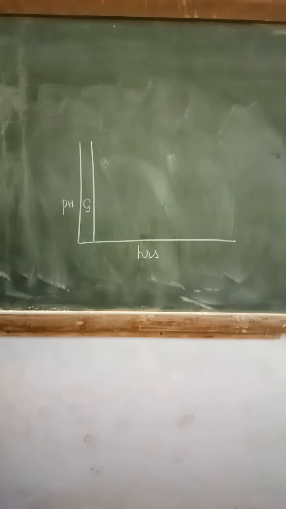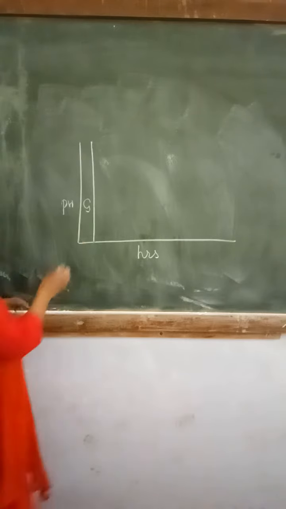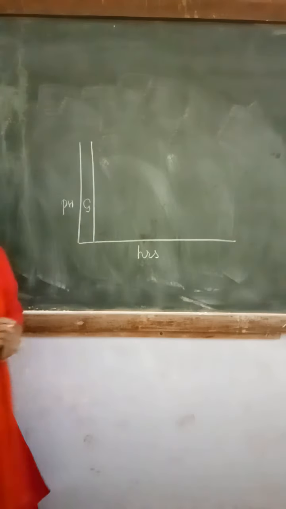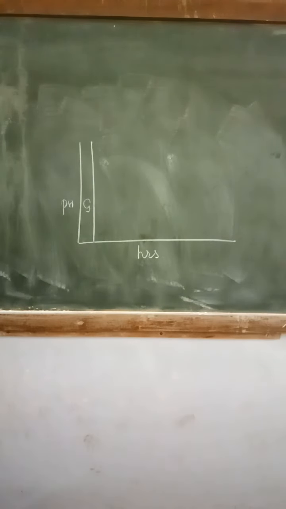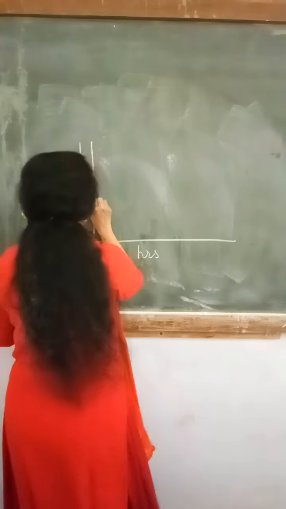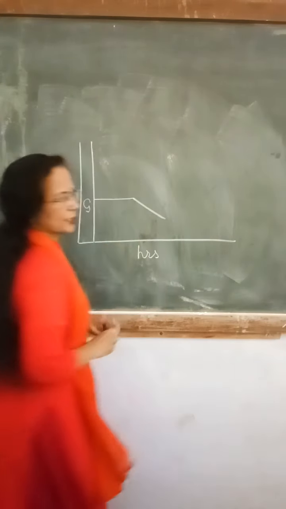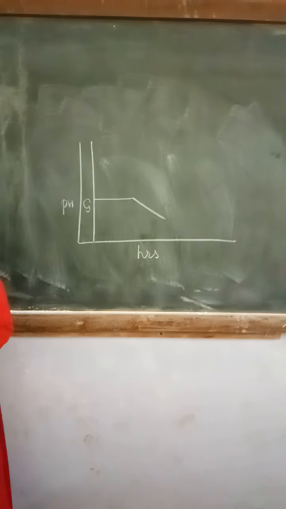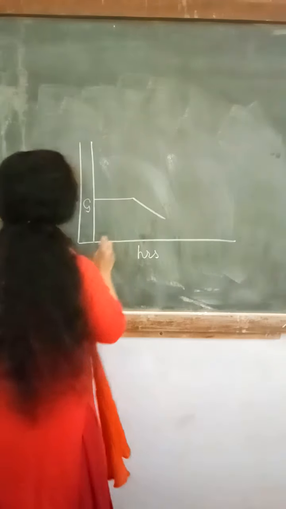The pH will initially have no change, and then gradually it will fall down and go to the acidic side. Then there will be gram% total sugar and gram% consumed sugar.